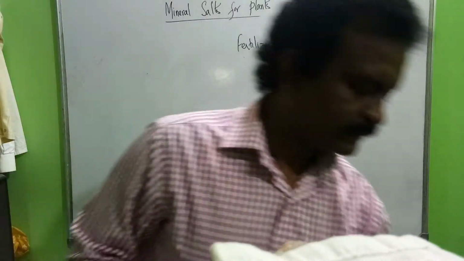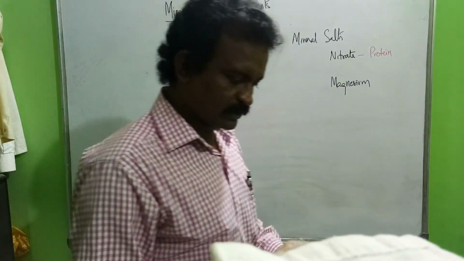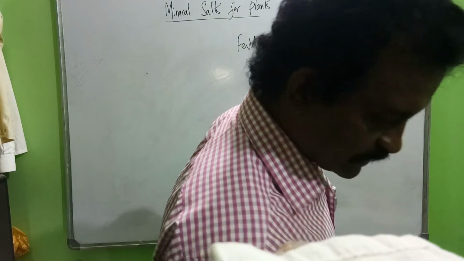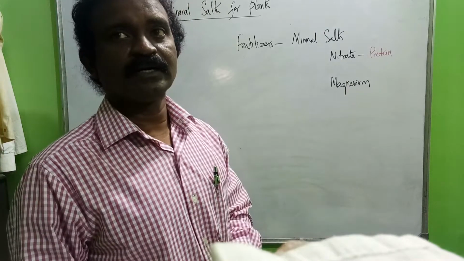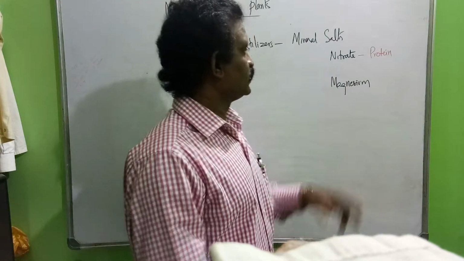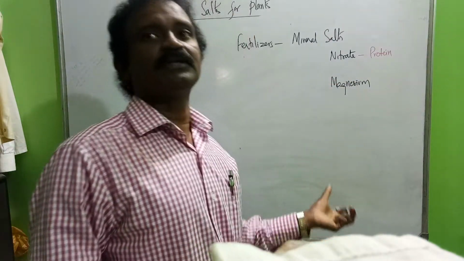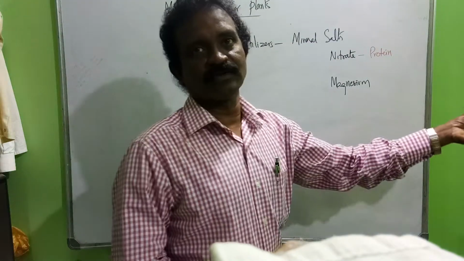Is it clear? Now the next one. Soil needs nitrates. How do you know whether nitrates are less or more? The farmer takes the soil to the lab and tests it for the content.